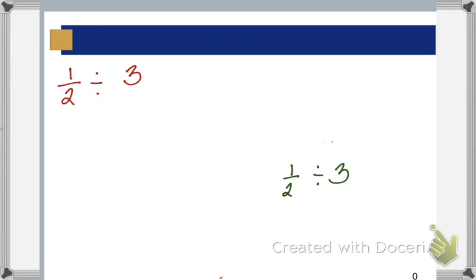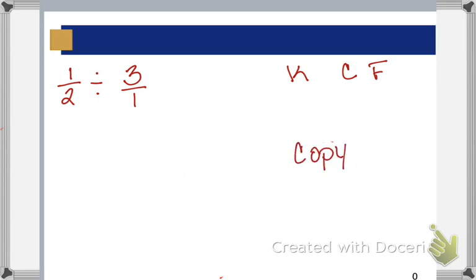Now, I have always heard keep, change, flip. Okay? I'd heard the other one. What was it? Copy, dot, flip. Okay, now, that's not what you're doing.